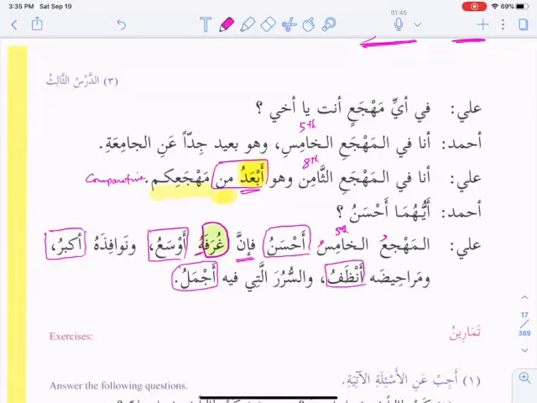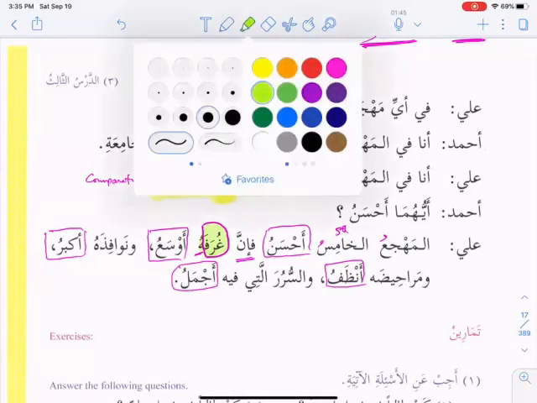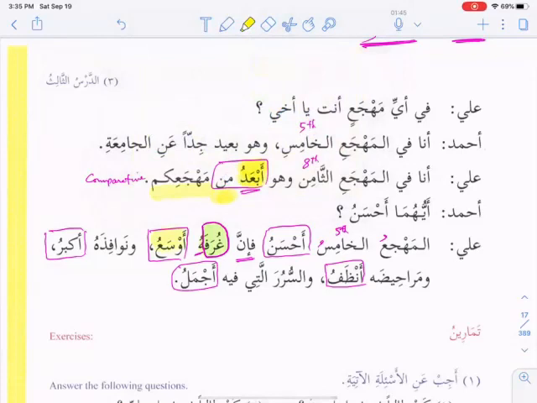Where is the khabar of inna? Awsa'u. They are spacious. Now, I say to you here, wa harfu atfin nawafiza. Why is it mansub? Nawafiza. Why is it mansub?